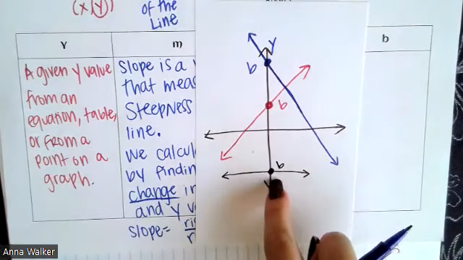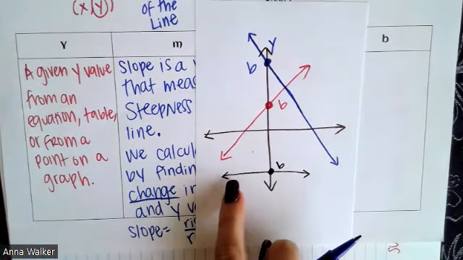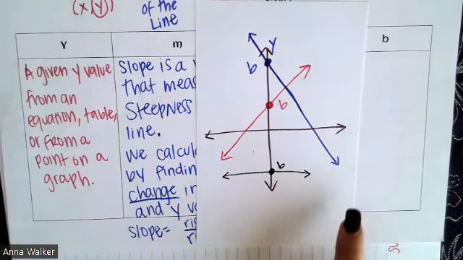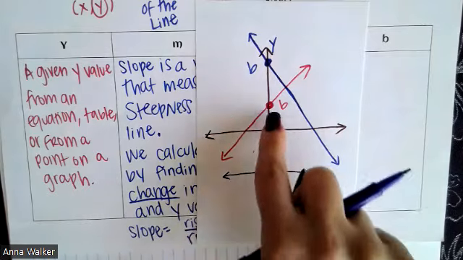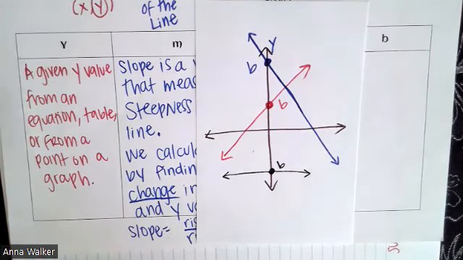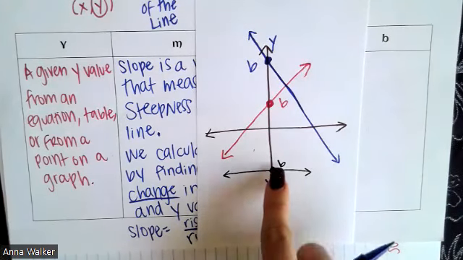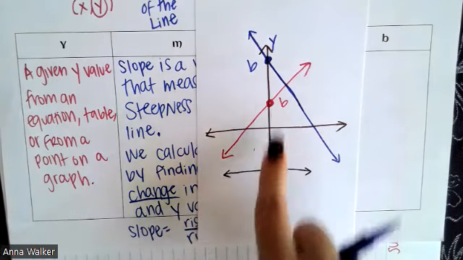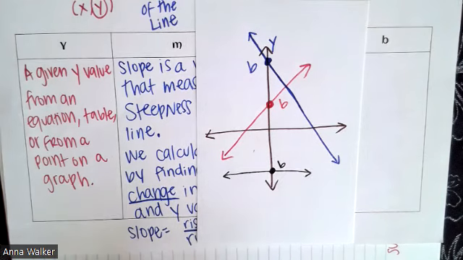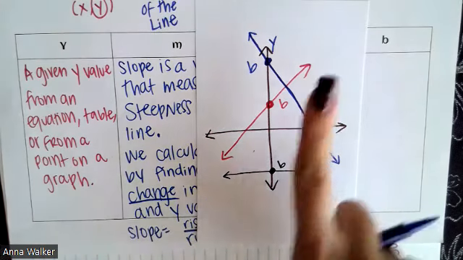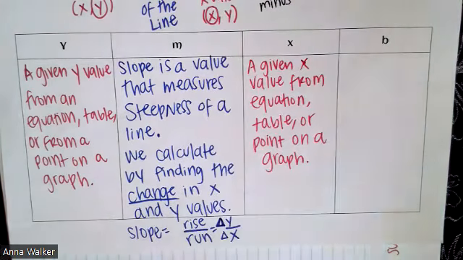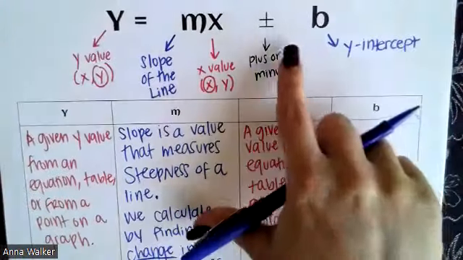I drew a point where it crosses the y-axis. So even a perfectly horizontal line can also cross the y-axis. At that point is where we would say the y-intercept is. And you'll notice that in this case, this would be a negative number because it's on the negative side of the y-axis.